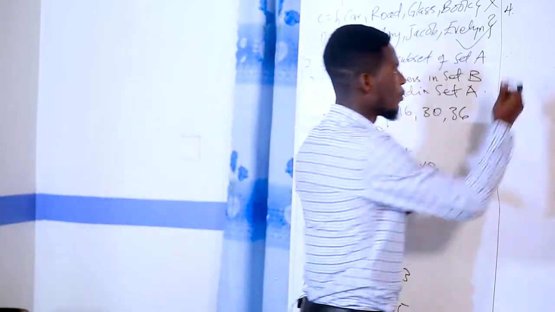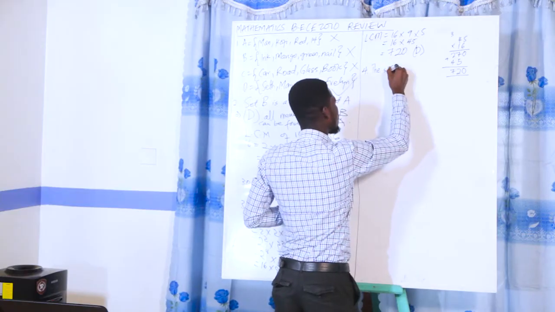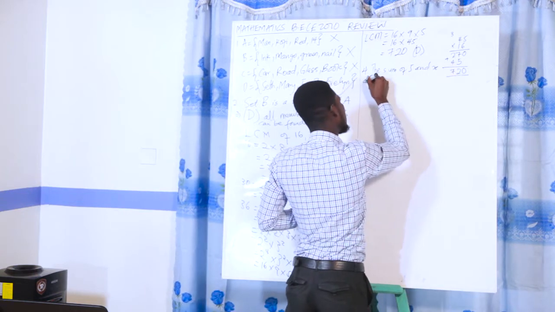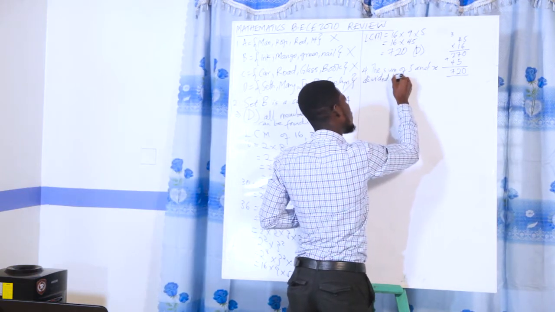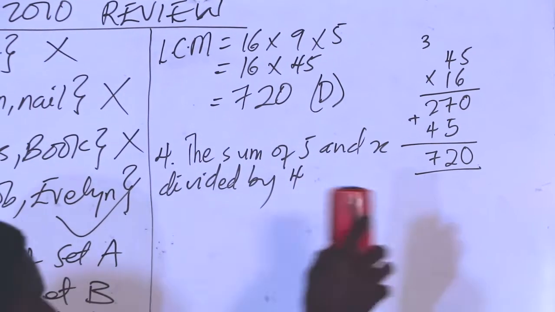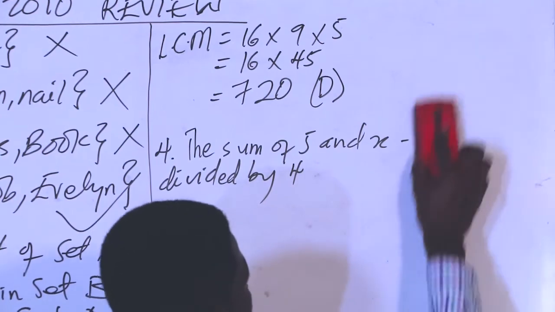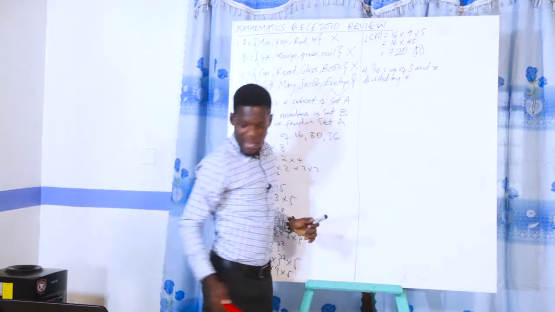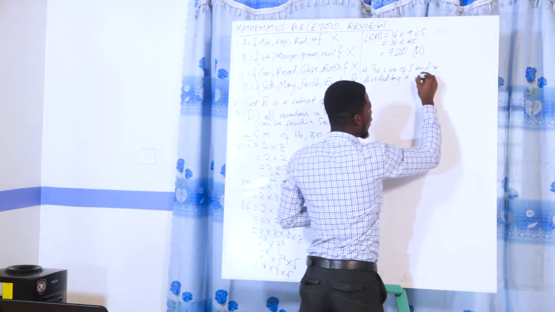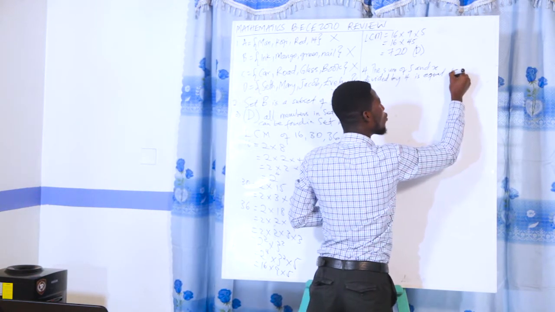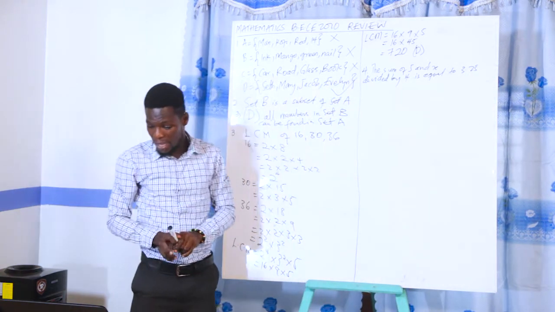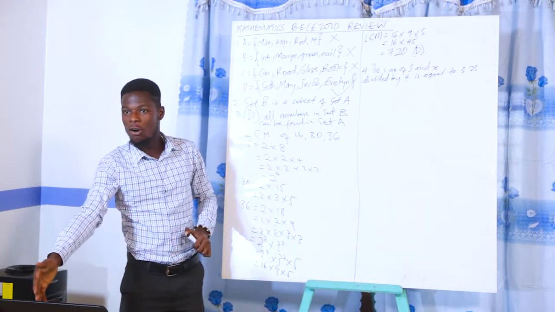The sum of 5 and x divided by 4 is equal to 3.25. Sorry, that's 3.25. Find the value of x.